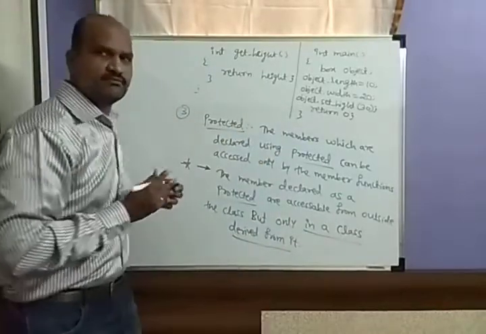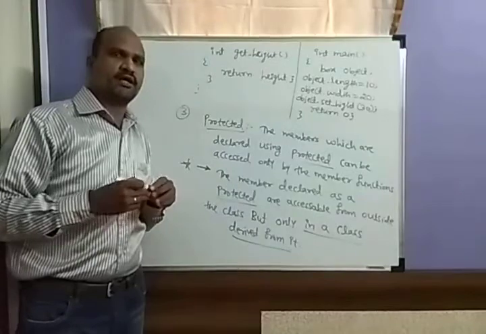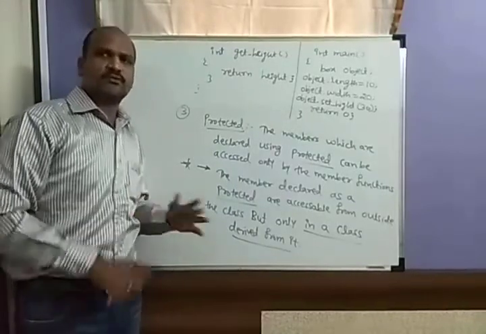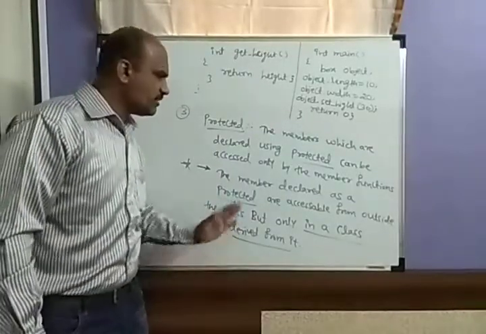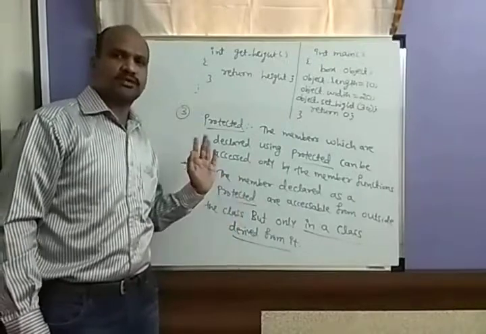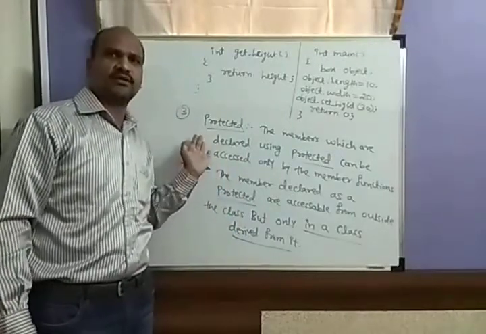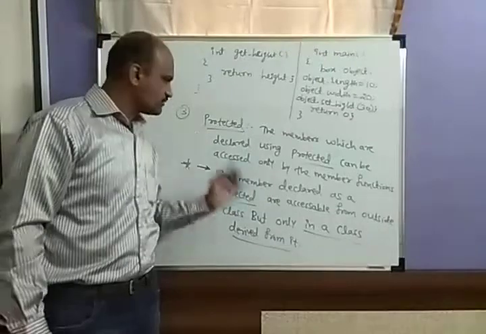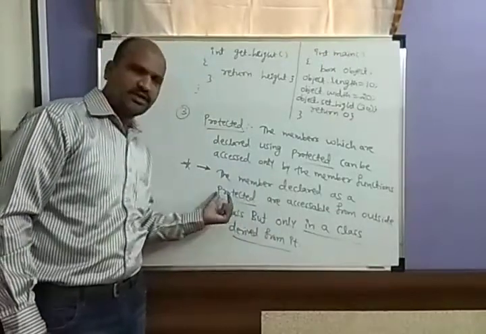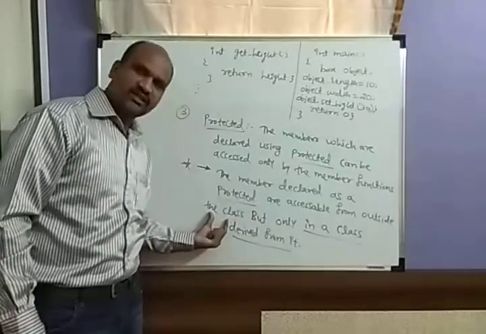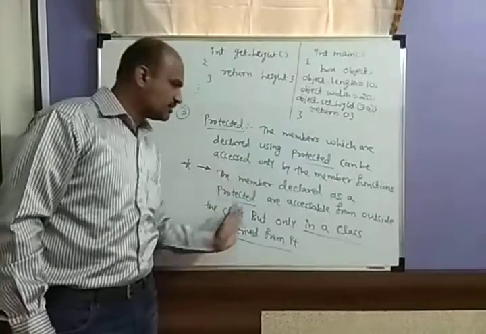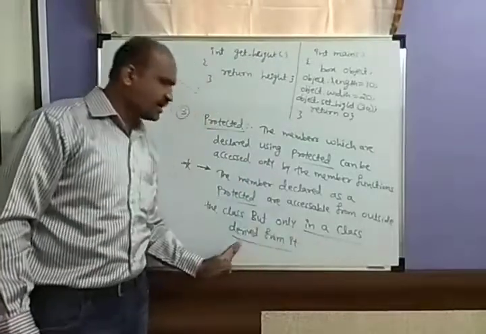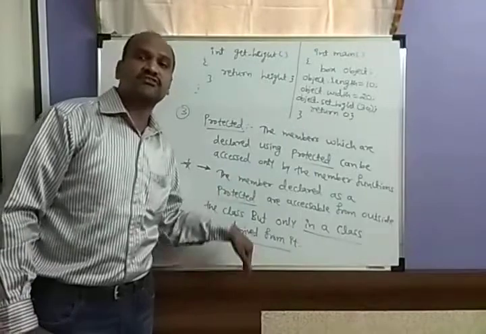Basically we use private and public more in programs. Protected we generally do not use, but sometimes we do, because protected and private work similarly. The members declared as protected are accessible from outside the class only in a class derived from it.